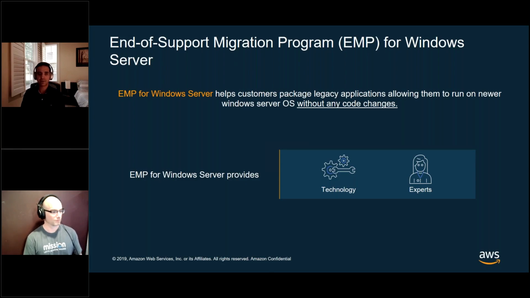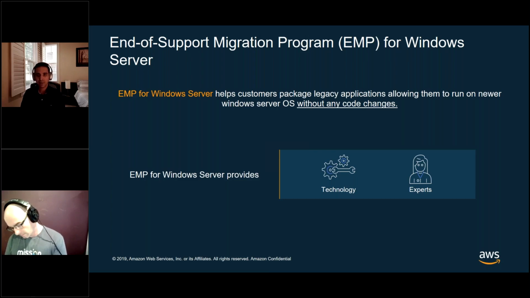It basically allows customers to package legacy applications without doing any kind of code changes. So I'll go through the exact process for how EMP actually works. And I also have a demo where I will talk to you about how the EMP packaging actually works in practice.